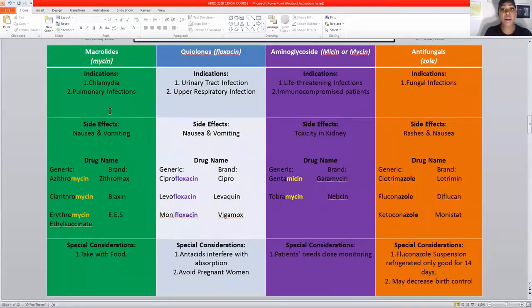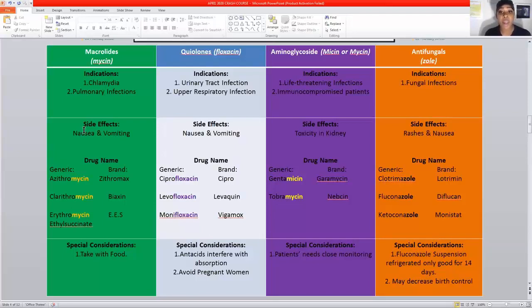The word stem for macrolides is mycin, MYCIN. This particular classification is used to treat chlamydia and pulmonary infections. The side effects here are nausea and vomiting.